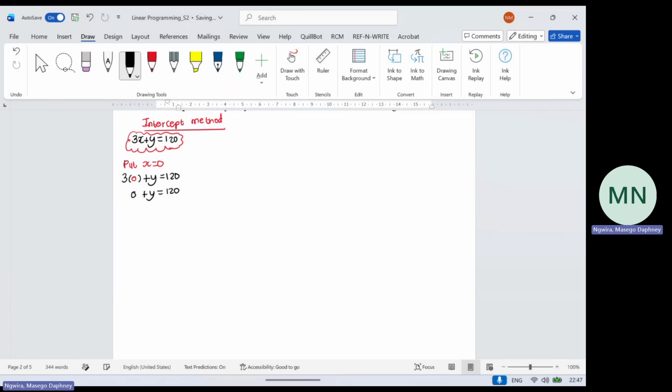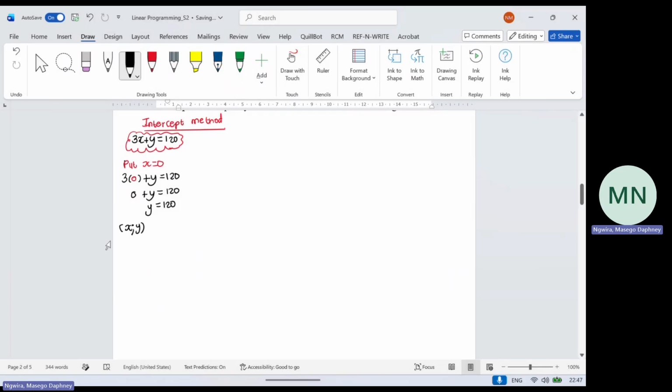So this will be y equals to 120. Even if you say 120 minus 0, it's still 120. So now I have my point to plot the graph. Your point must always be x, y, because we're going to use x and y.